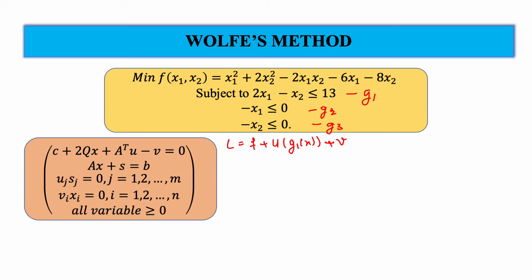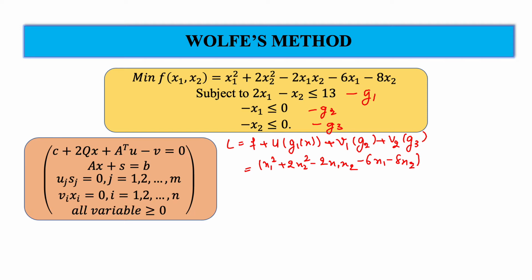Then Lagrange multiplier v1 for G2 plus v2 for G3. My F is x1 square plus 2x2 square minus 2x1x2 minus 6x1 minus 8x2.